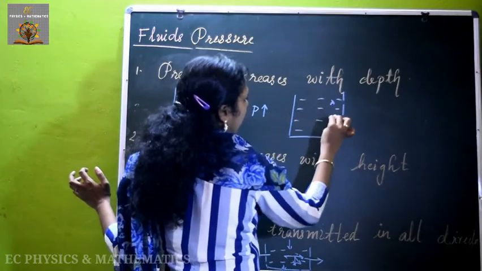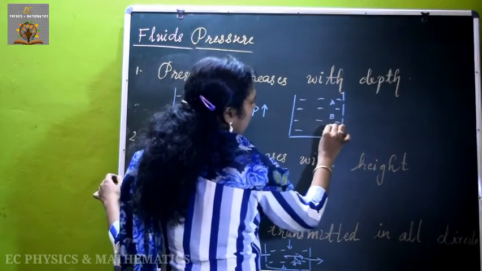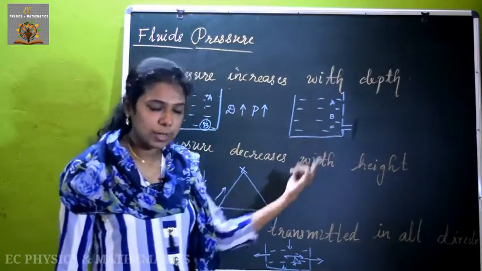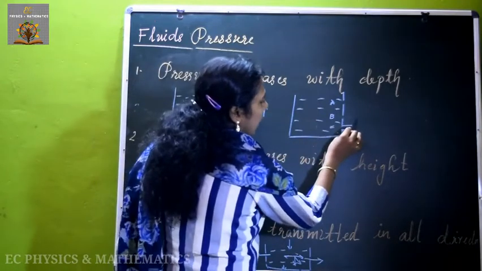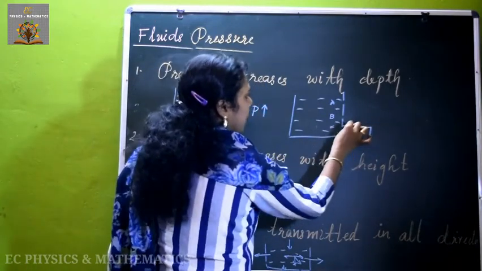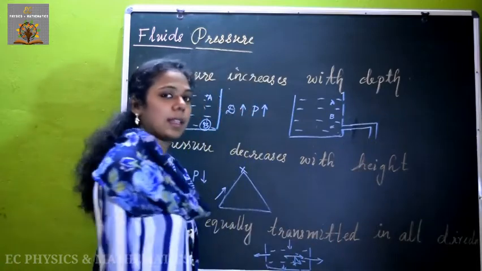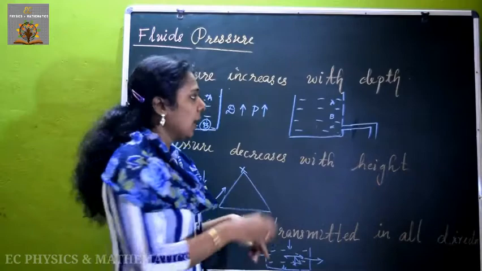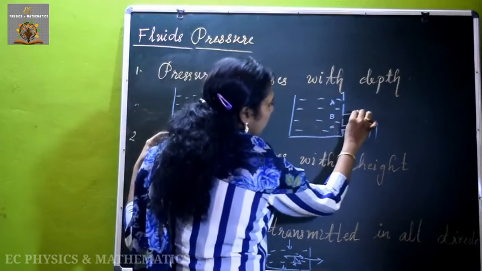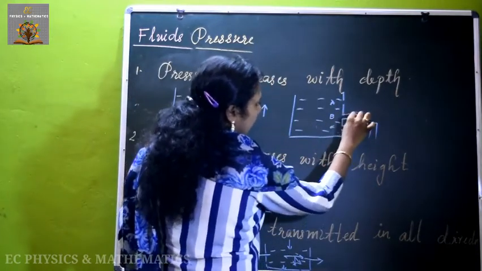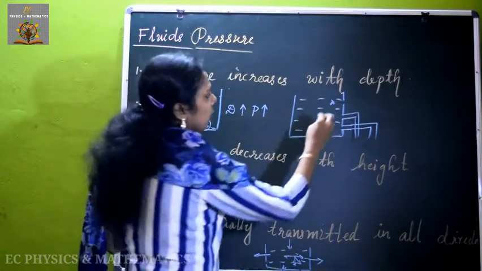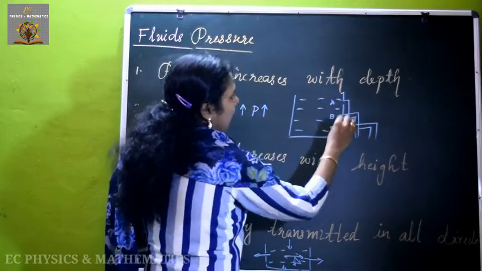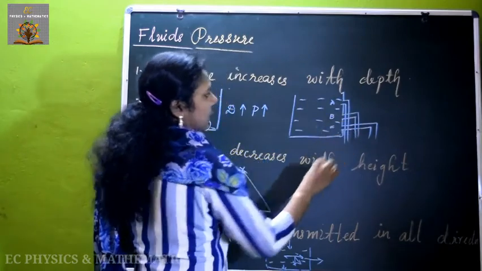Hole A, hole B, and hole C. Through hole C, the water will move very fast. In high pressure, the water will move outside, but through hole B, the water moves like this. Through hole C, the water will move like this.